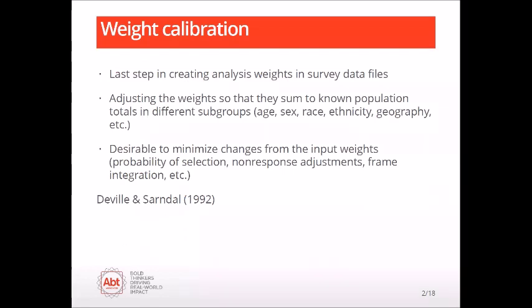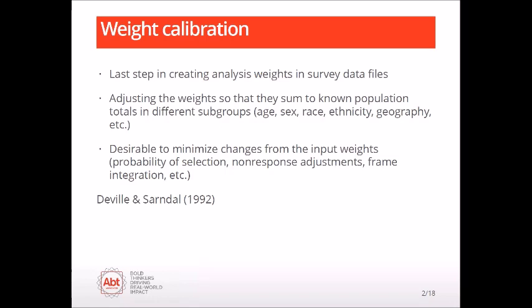So typically, weight creation, weight delivery, and weight calibration is a part of creating an analytical data set from a population survey, like the SHED survey that Kimberly described. Typical components of weights include probabilities of selection, non-response adjustments, frame integration adjustments, and so on.